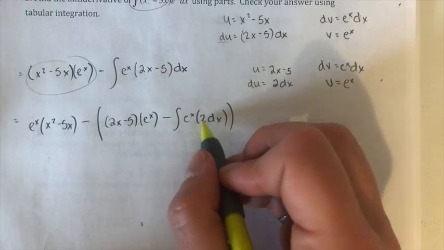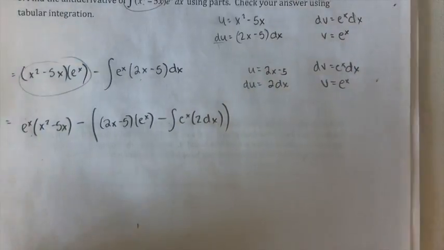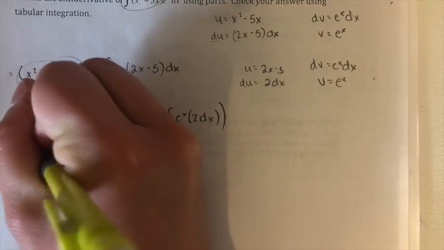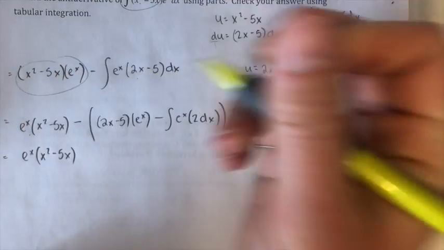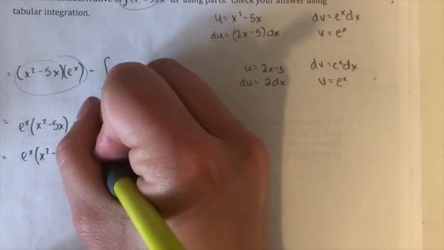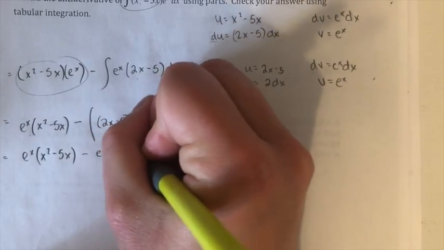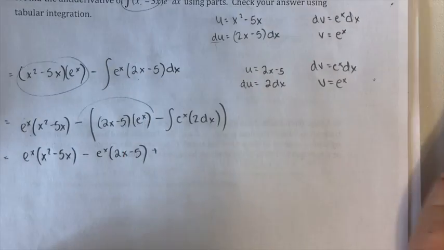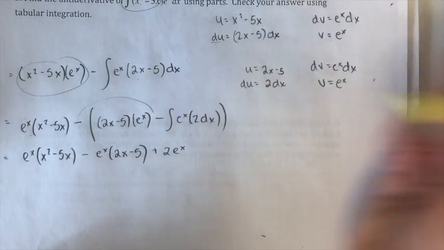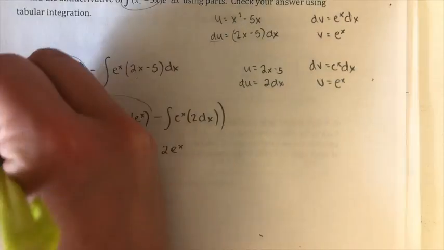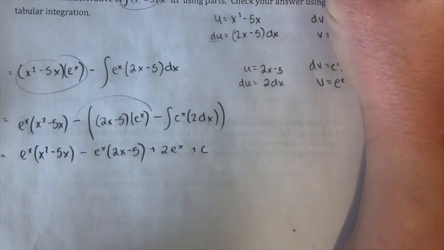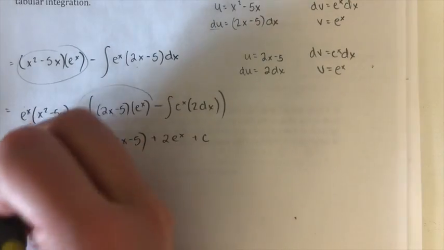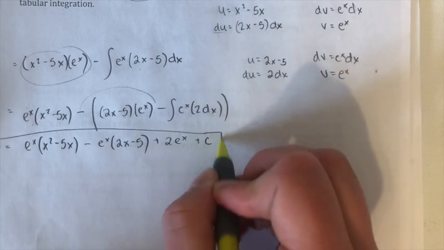So now, if we take that 2 out, we just have the integral of e to the x dx, which is just e to the x. So we're going to have e to the x times x squared minus 5x, minus e to the x times 2x minus 5. And then the negative is going to distribute, so this is going to turn into a positive 2 e to the x. Okay, and then we have to add our plus c, which we didn't need up here because we had boundaries. Haha. So there is our antiderivative.